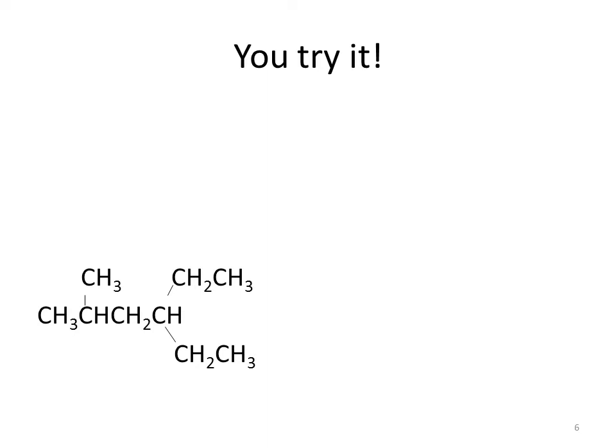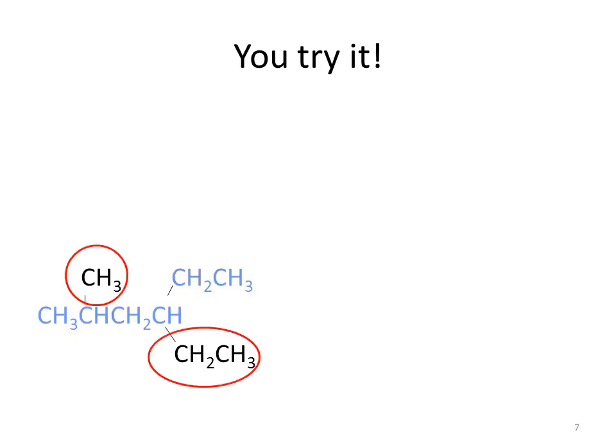Now you could either use the two carbons that are on top or the two carbons that are on bottom. You would get the same name either way, but you have to find the longest chain. Don't limit yourself with what is written in a row. Look to see, does it bend or does it kink, and go for the very possible longest chain that you see in the molecule.